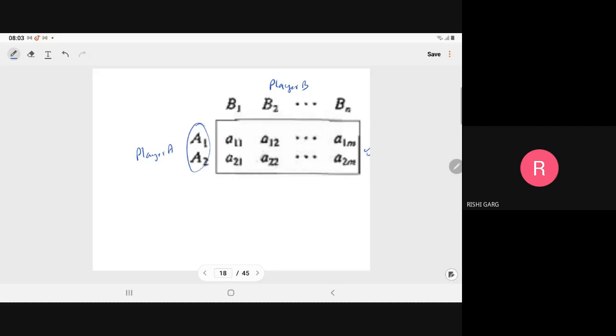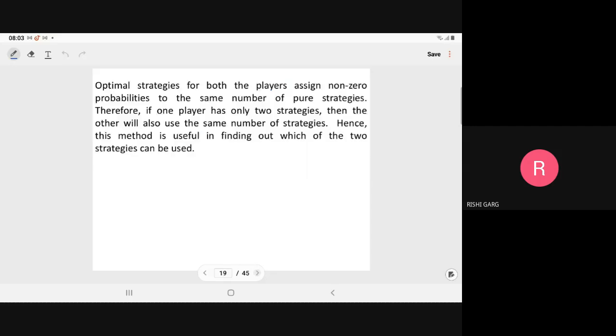So here always we write the payoff matrix for one player only. So in this case, we compute the optimal. What is the method for the pure strategy? We have used the best of the worst. The same method we will use here in the graph also.